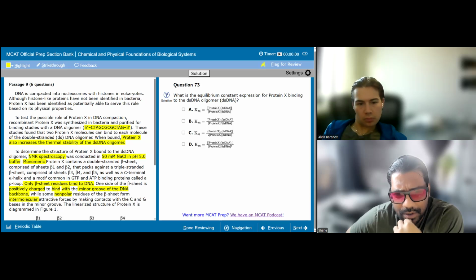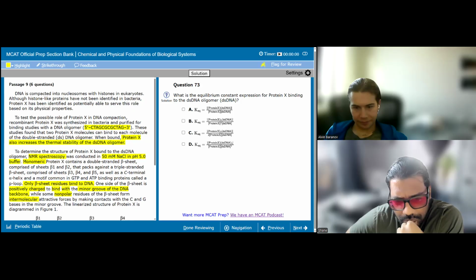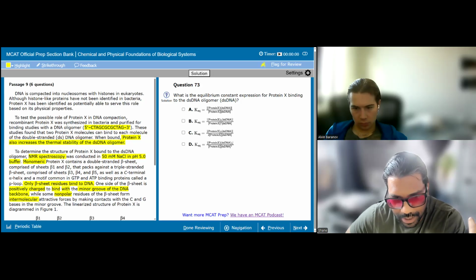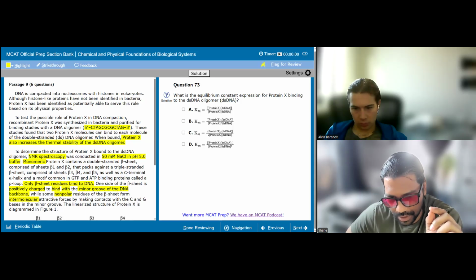I just haven't seen it that way. We have two protein X's coming in as a reactant, which means our denominator should have protein X with a superscript of 2. So I guess that rules out everything but B, but let's look at some more.